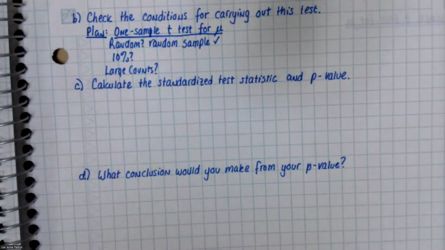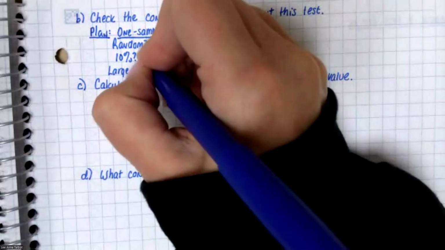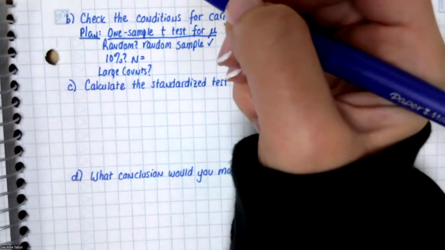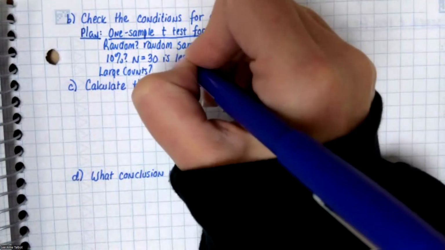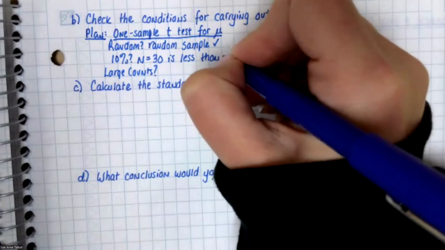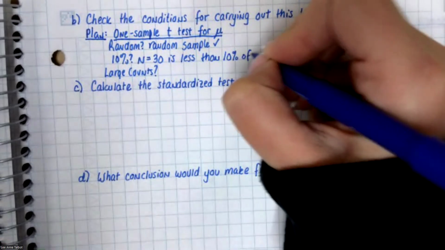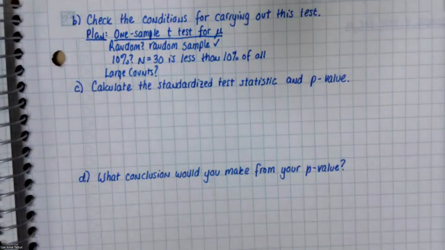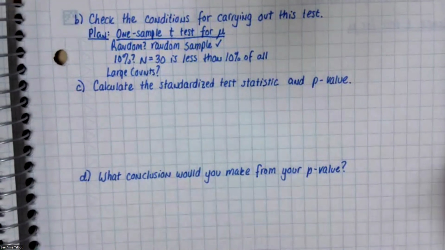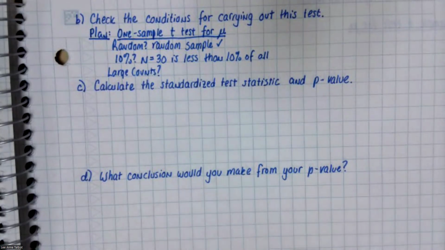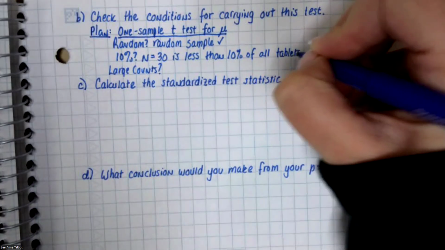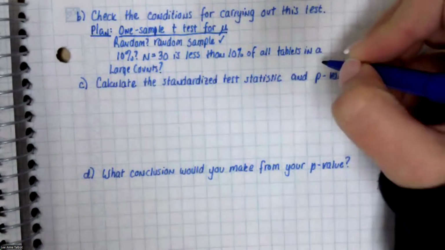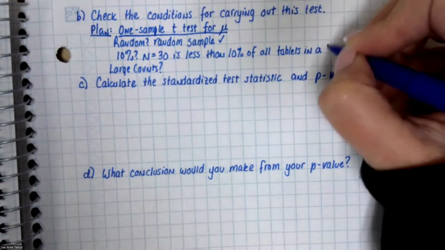And N equals, this is going to be a really big test for you to be able to identify the population. N equals 30 is less than 10% of all. What is the sample of? Tablets from a batch in production.